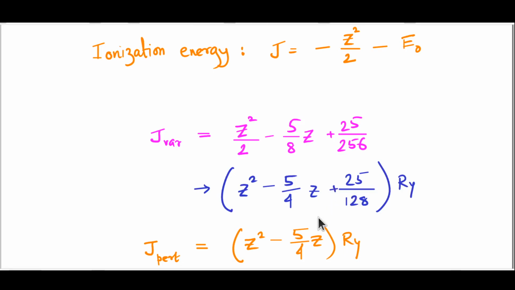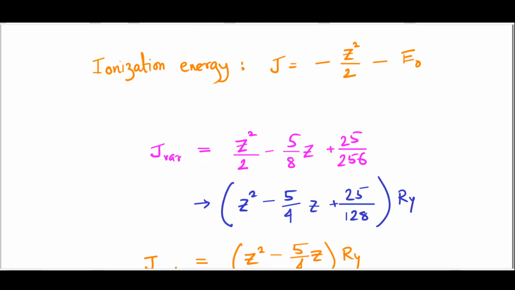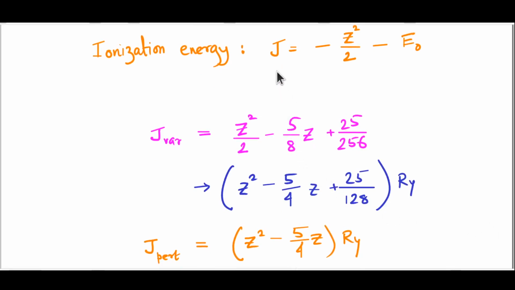Now, which of the two is going to be better as far as experimental results are concerned? To see this, we are going to compare experimental values of ionization energy with these 2 quantities: ionization energy calculated by the variational method and ionization energy calculated by the perturbation method for different helium-like systems.